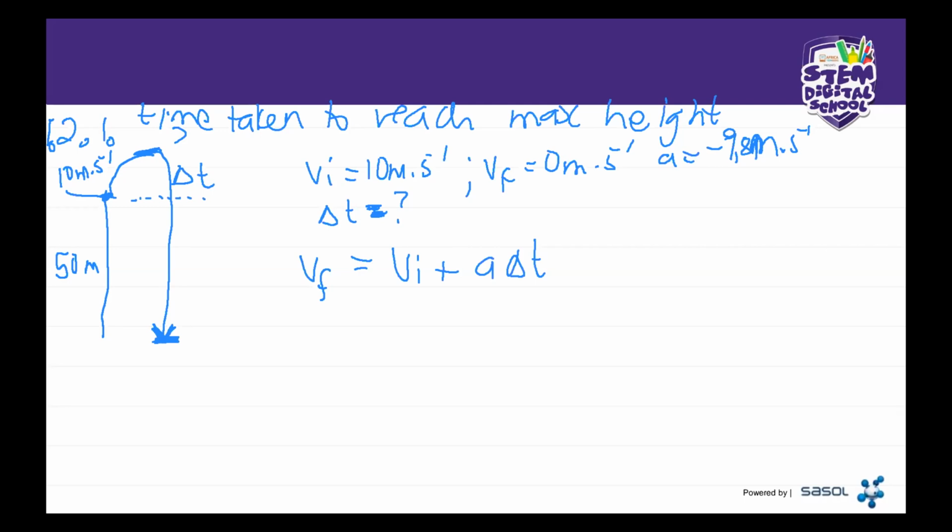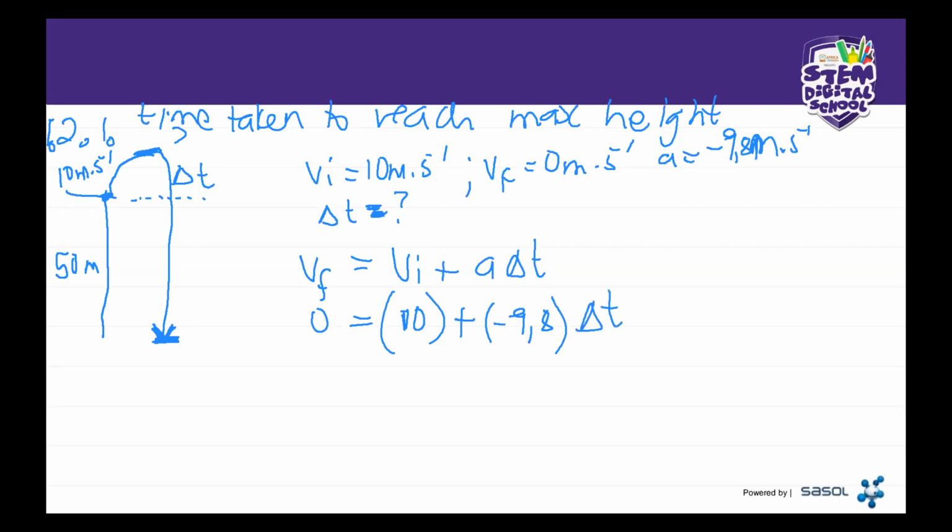So here it's going to be 0 is equals to 10, which is what we have as our initial velocity, plus minus 9.8 times change in time.